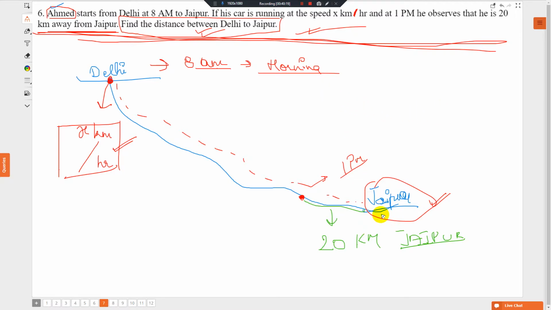Away from Jaipur means he needs to cover 20 kilometers to reach Jaipur. Just 20 kilometers to reach Jaipur.